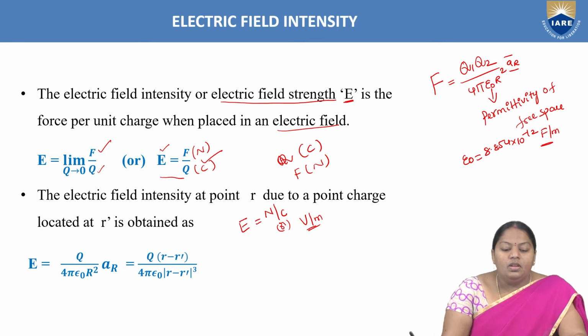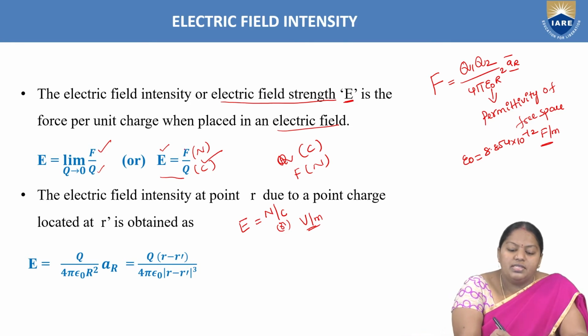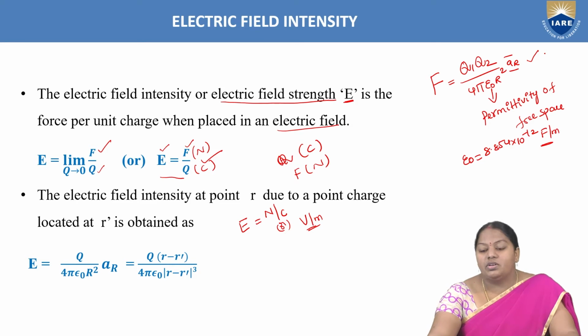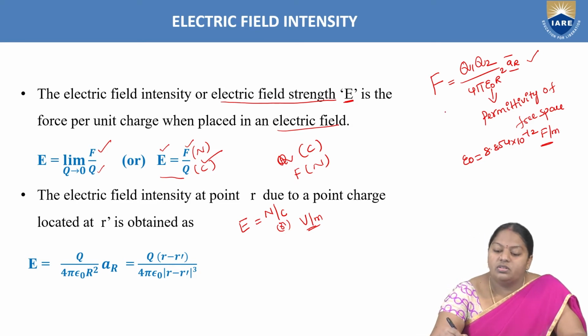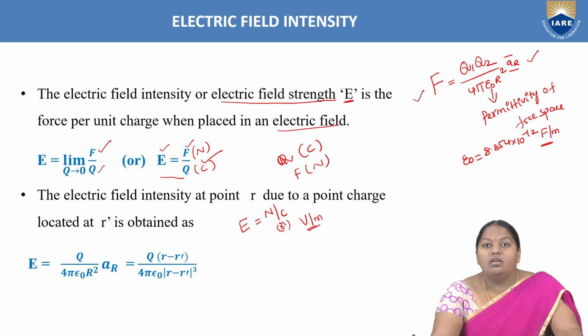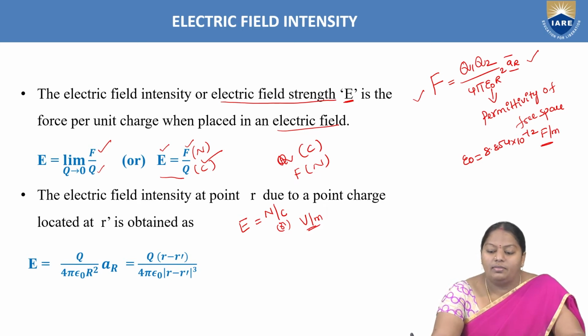Then F is the Coulomb's force equation, and as we know, for two stationary charges, the force equation is Q1 Q2 by 4 pi epsilon naught R square into AR.